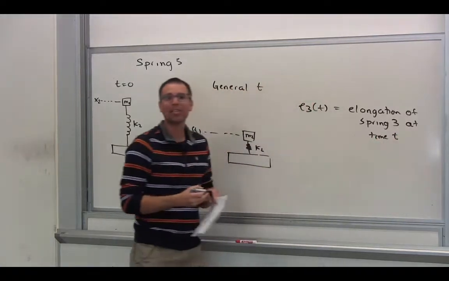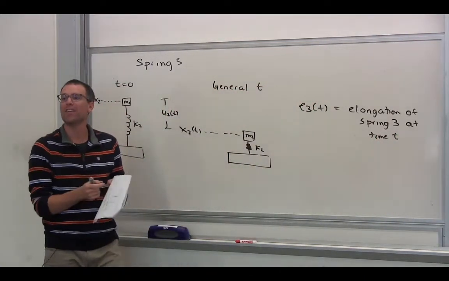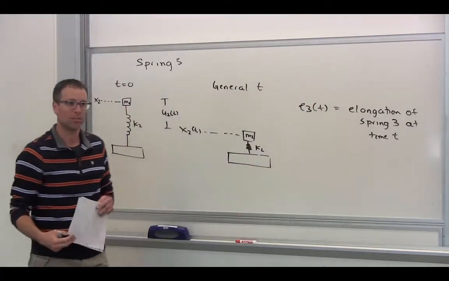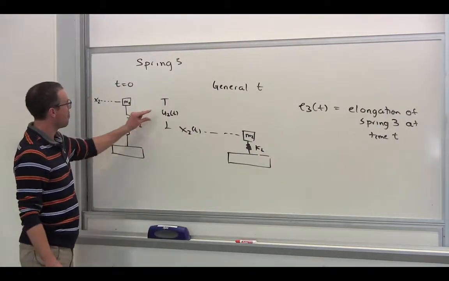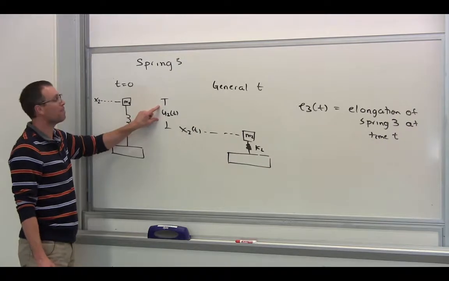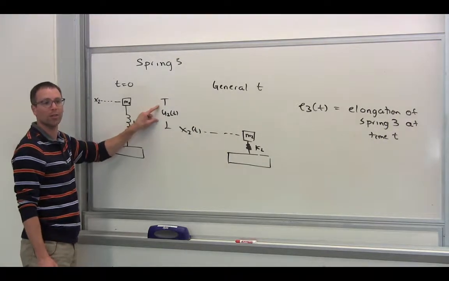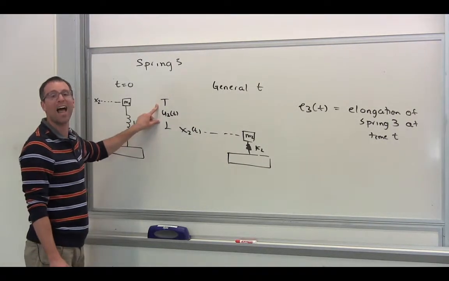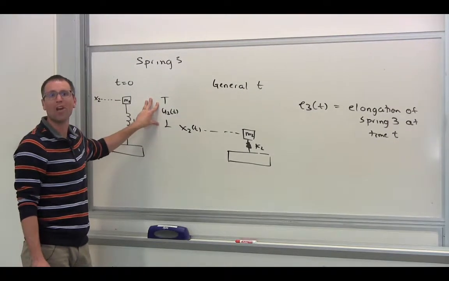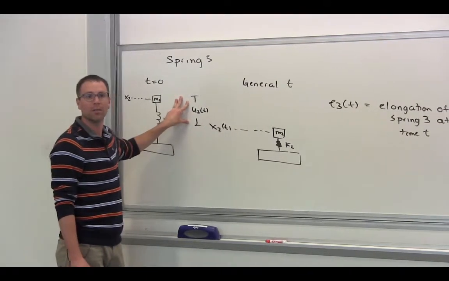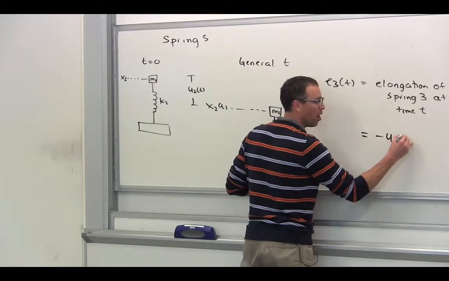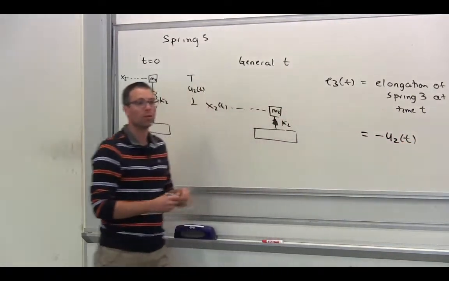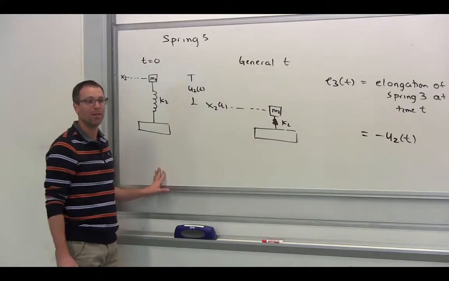When is elongation positive? When do you say that a spring gets longer? When it was longer than it originally was. This spring, under this paradigm, did it get longer or shorter? Did it have a positive elongation or a negative elongation? It had a negative elongation. This is what we call the negative of the displacement function for U2. It must be that way.